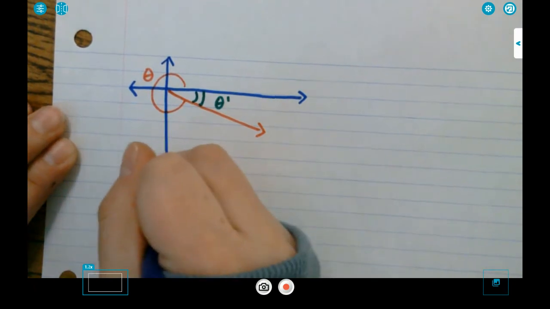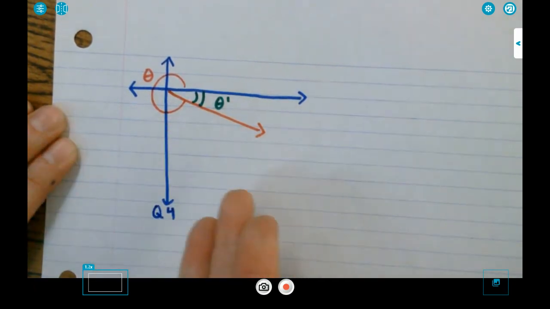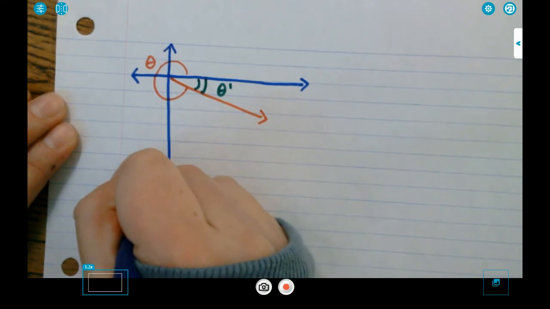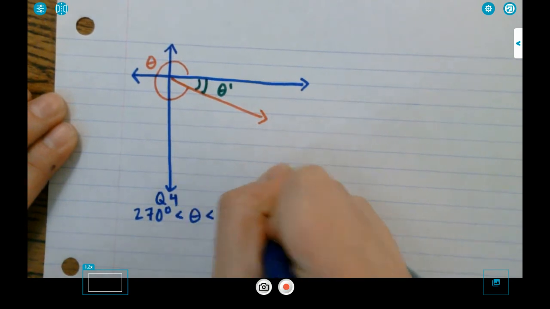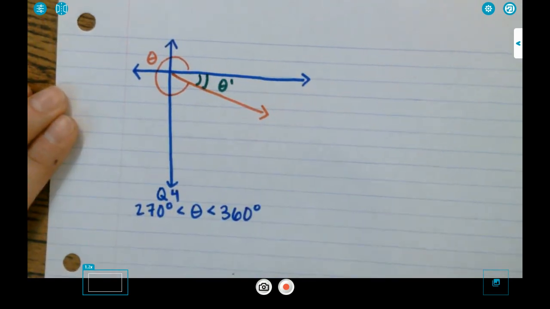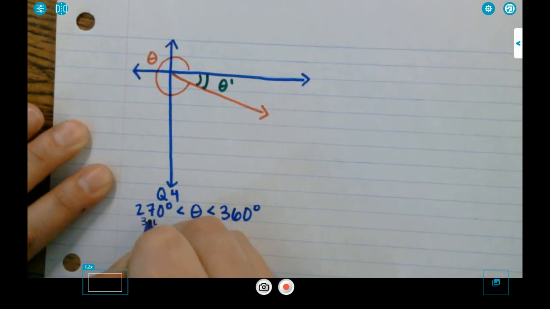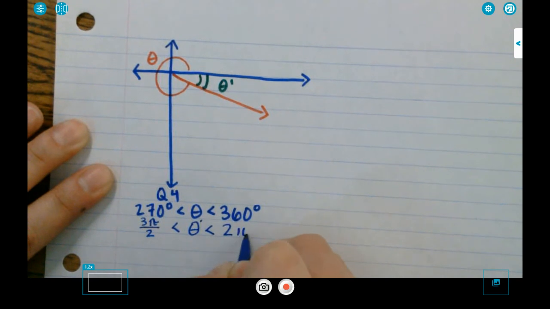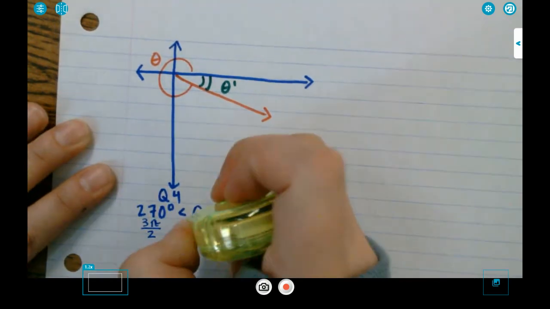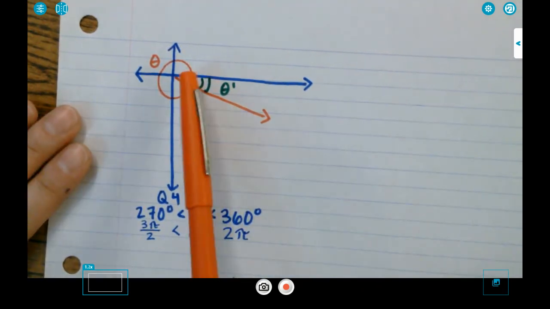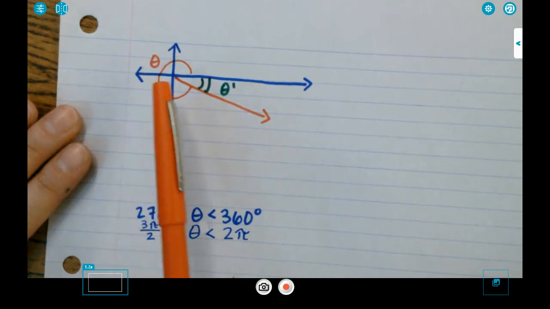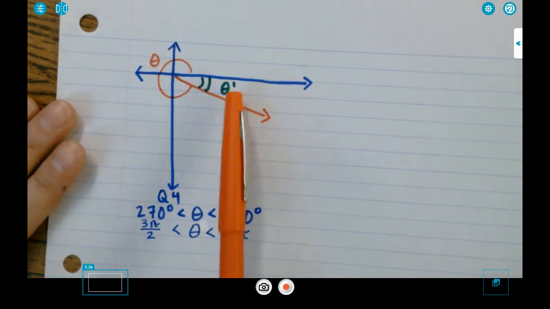So let's first talk about where this is. We know that we are in quadrant 4 because I just told you that. And also, looky look. Quadrant 4, so that means we're between 270 degrees, and 270 is less than theta is less than 360. In radians, that would be between 3 pi over 2 and 2 pi. So 3 pi over 2 less than theta less than 2 pi. Okay, so theta and theta prime together would be a whole circle, 360 degrees.